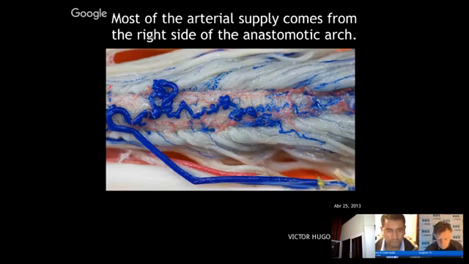Most of the arterial supply comes from the right side of the anastomotic arch. In this photograph, you are seeing the posterior aspect of the lumbosacral segment of a human spinal cord. You can also see a great posterior vein over the surface of the posterior aspect.